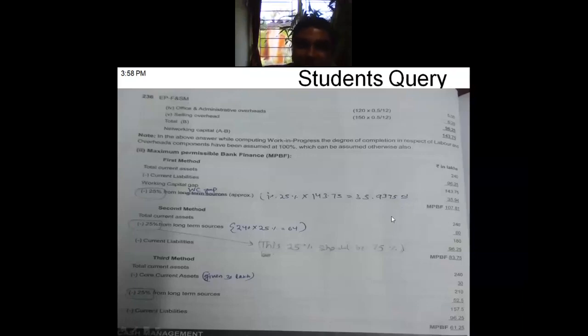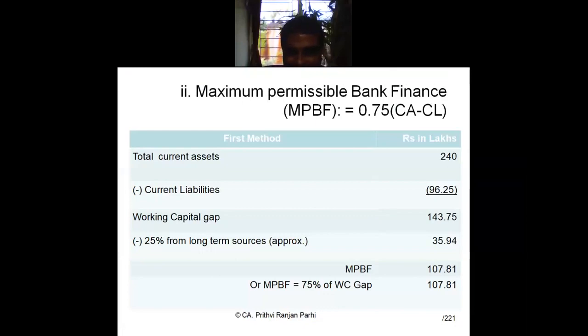Let us solve this question in a different way. The study material has solved the same thing in a different way. Current assets are 240, current liabilities are 96, and working capital gap is 143.75. Now how has the study material solved it?